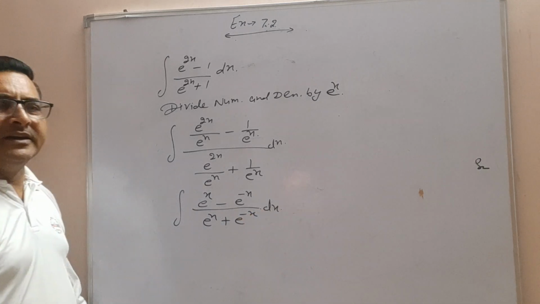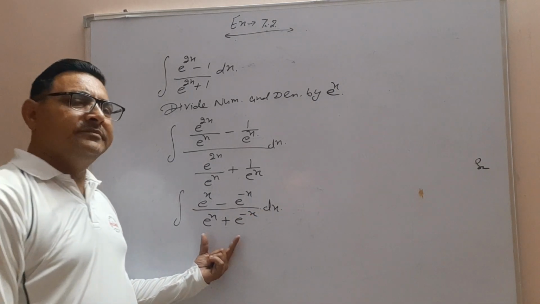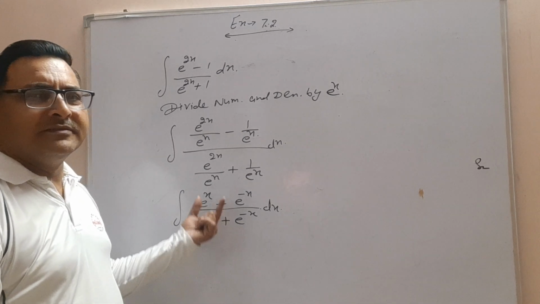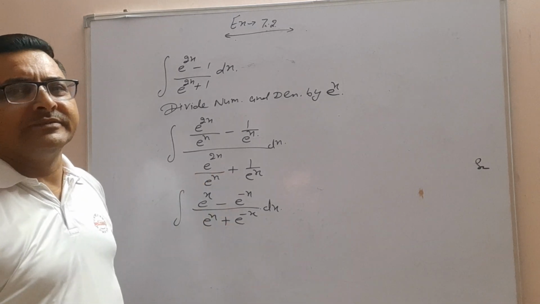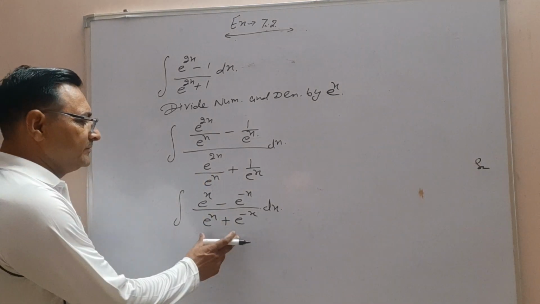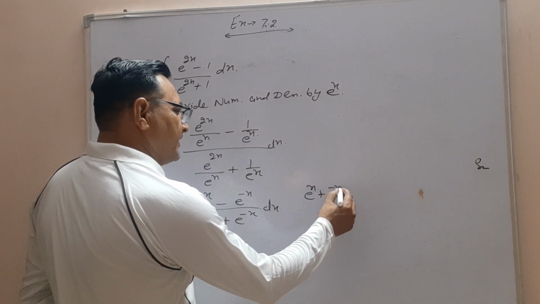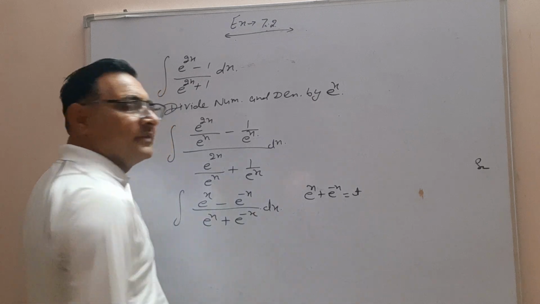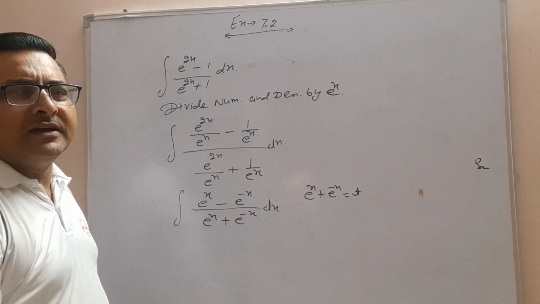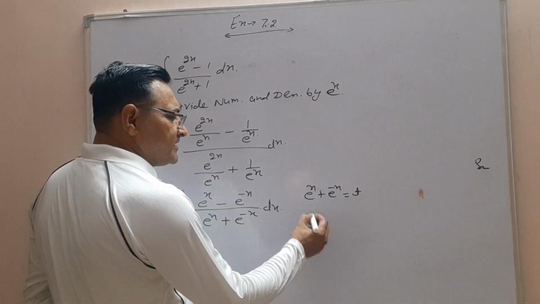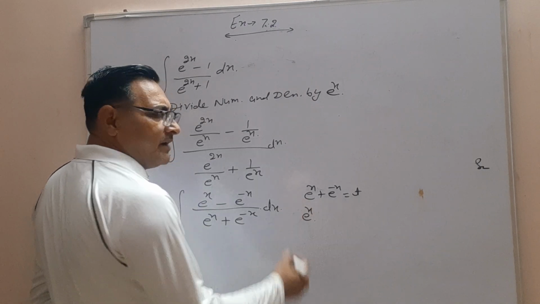Now check over there, the term in the denominator, its derivative lies in the numerator. We can put here e^x plus e^(-x) is equal to t. When you take the derivative of the exponential function, first of all the exponential function is the same, and the derivative of its power.